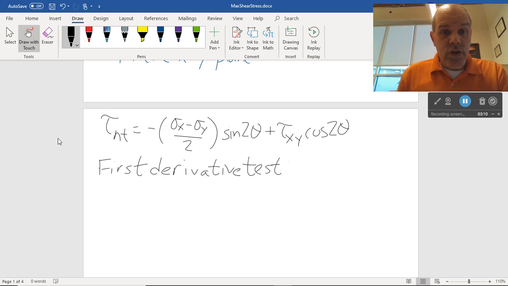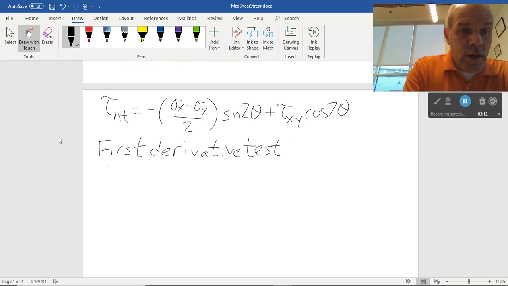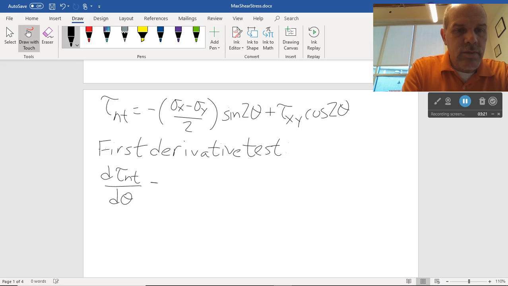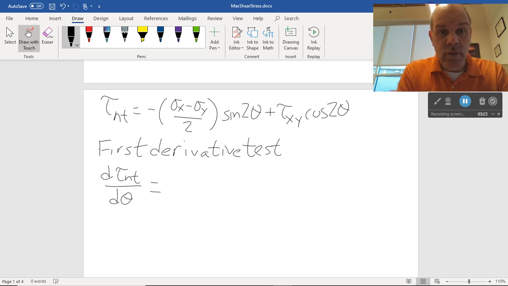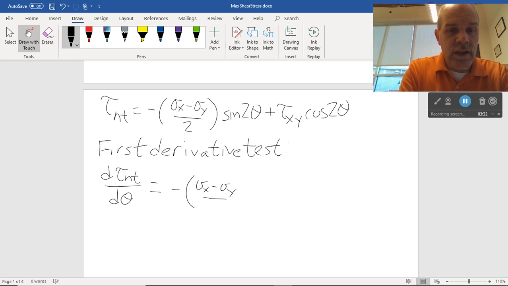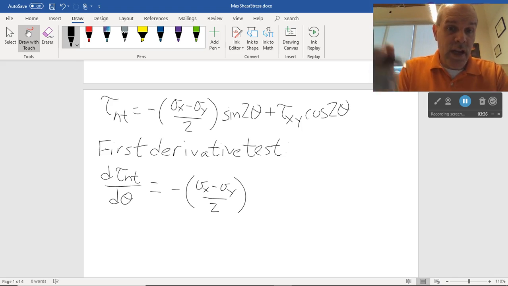And we're going to set that first derivative equal to 0. So it's going to be d tau nt d theta is equal to, well, I need the derivative of that first term. And blessedly enough, since it's with respect to theta, I don't see a theta in that leading term at all. And now I need the derivative of sine 2 theta.